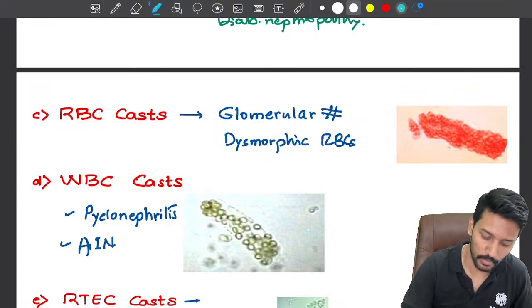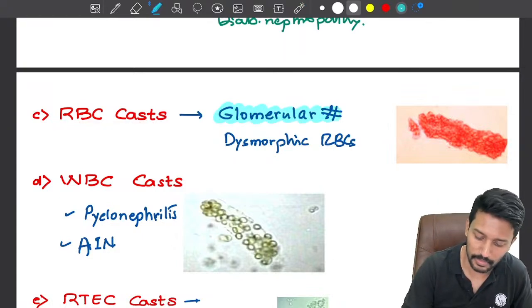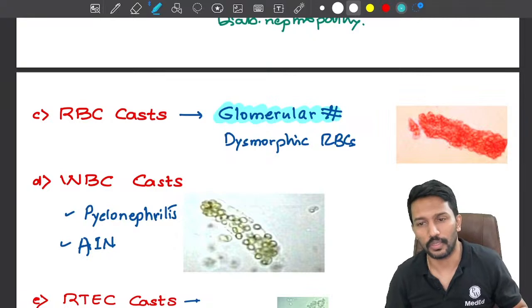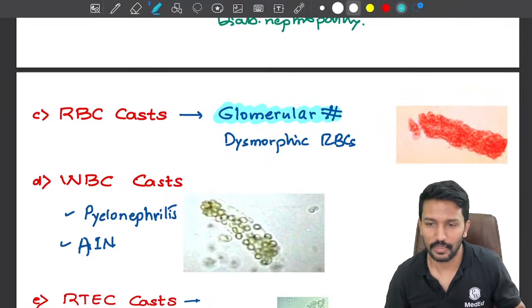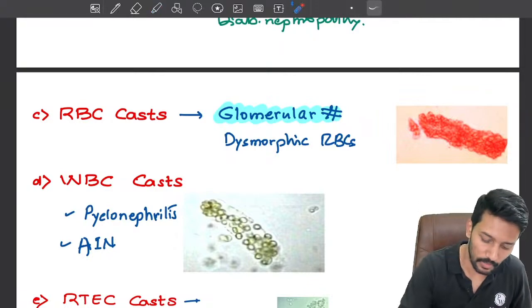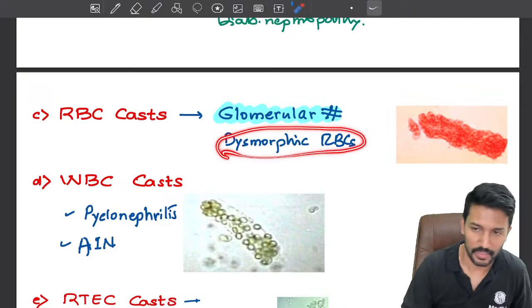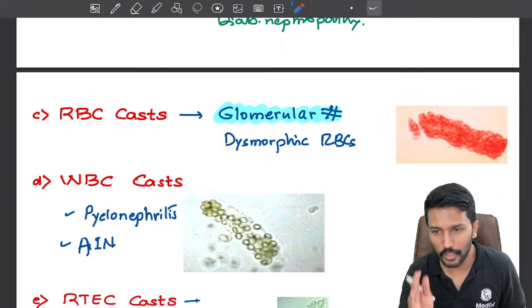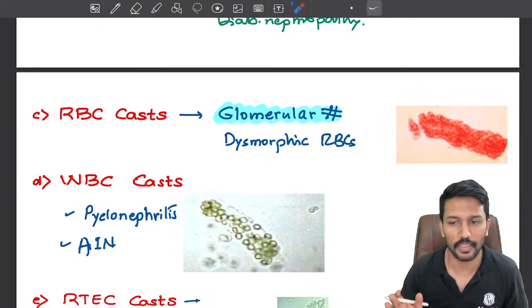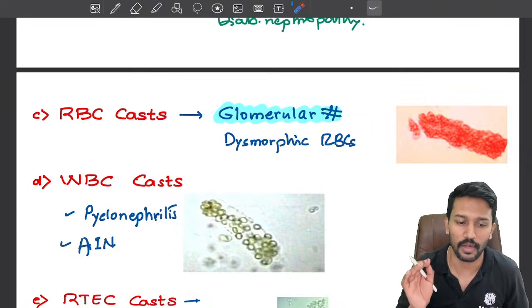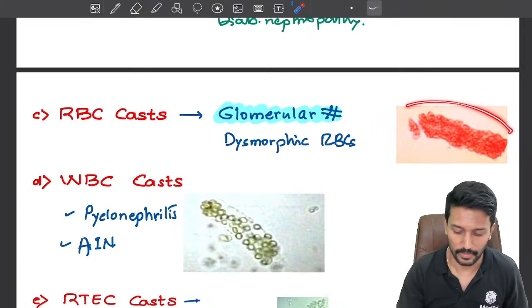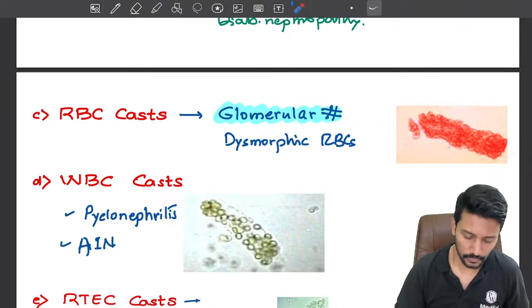So whenever you have an RBC cast, the first thing that should come to your mind is glomerular injury or glomerulonephritis, right? In addition to that, the urine itself might show dysmorphic RBCs. Earlier also I have told you, the moment you see dysmorphic RBCs in a patient with hematuria, start thinking about a glomerular disorder. Clear? Like this. This is your RBC cast.